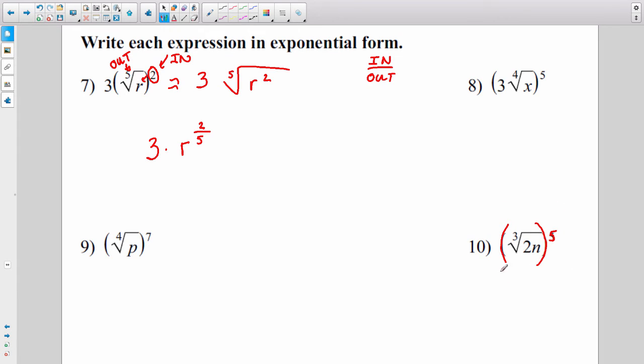So when we take this out to make it a fraction, that's when you have to be very careful to use parentheses around that 2n and then raise it to the 5/3. A little different than this guy, wouldn't you say? The parentheses mean everything. Okay, so that was a good one. Let's now turn to 13.